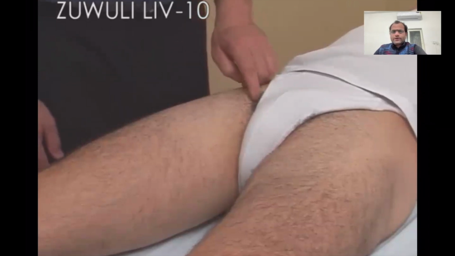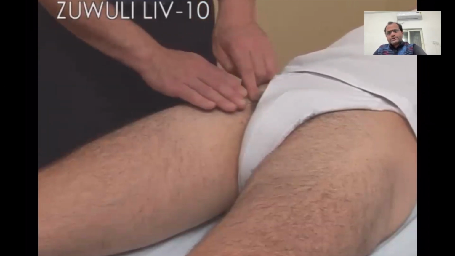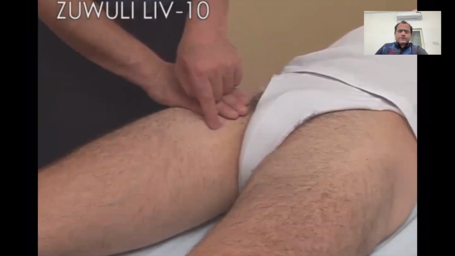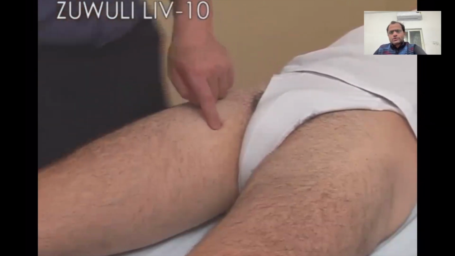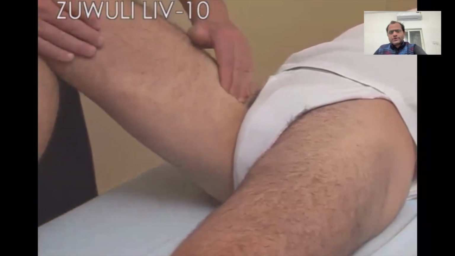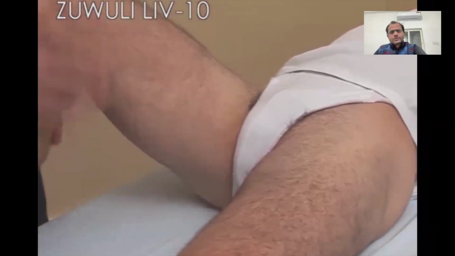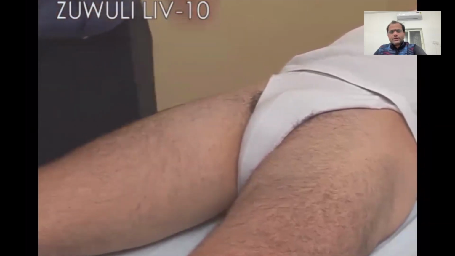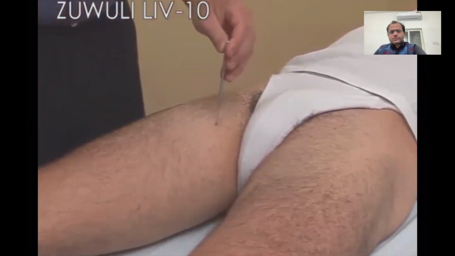We can see the liver meridian. From Stomach 30, we have to go 3 chun down. First we have to locate Stomach 30, and from Stomach 30 we will move 3 chun down.